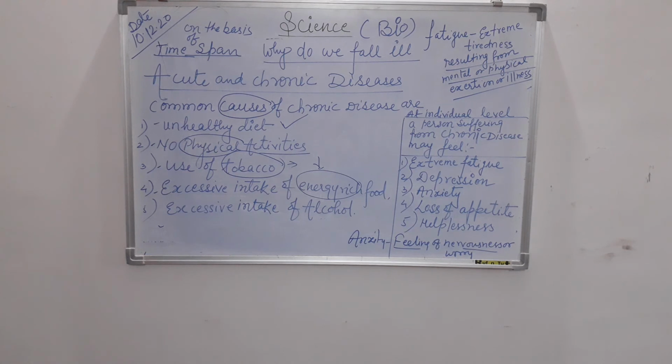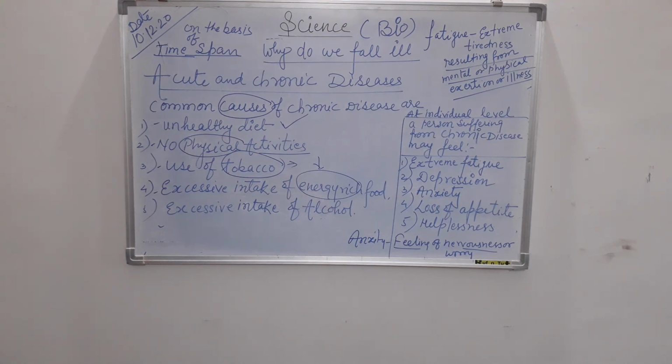Children, lastly I would like to tell you, if I ask you now to distinguish between acute and chronic disease. So acute disease affects an individual for a short period of time. On the other hand, chronic diseases affect an individual for a long period of time. Acute diseases do not cause long-term bad effect on general body health, while chronic causes long-term bad effect on general body health.